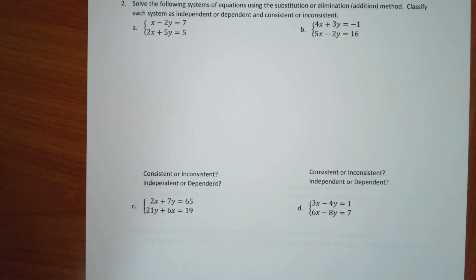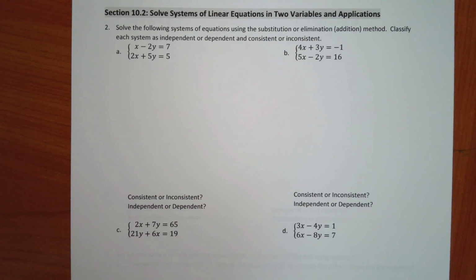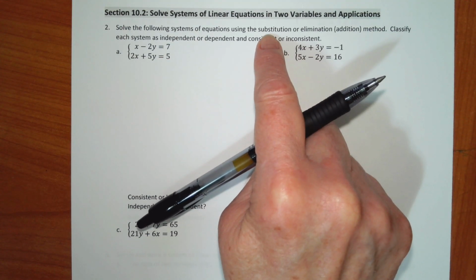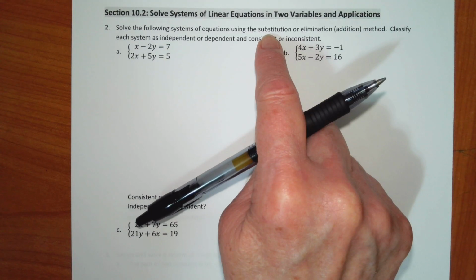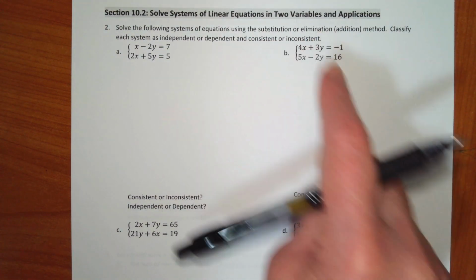Okay, now here it kind of gives you some leeway. It says that you can use any method, substitution or elimination, which is also called the addition method. I use the substitution method when it's easy to find one variable by itself. Otherwise I use the elimination method.